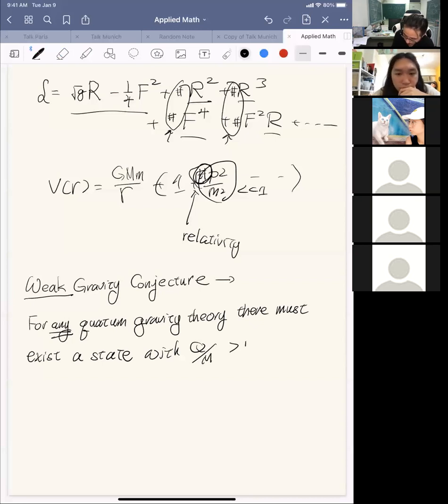That's the statement. There must exist a state with Q over M bigger than 1. And of course, we've seen that this is just because we're requiring that extremal black holes can decay.